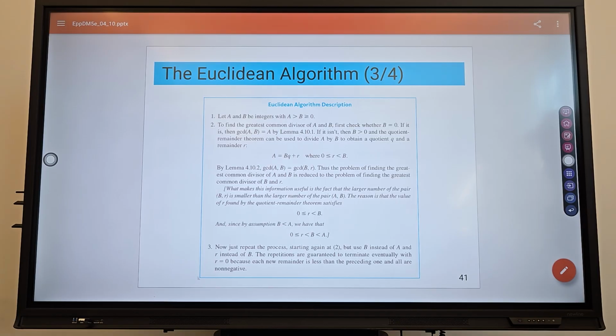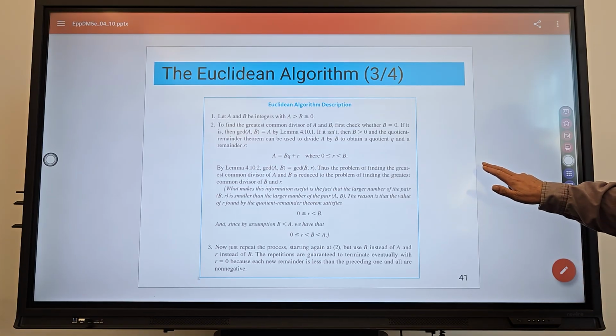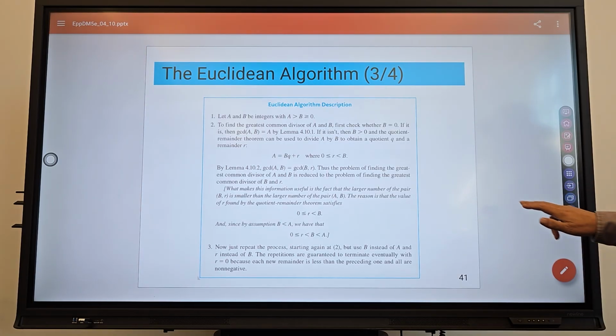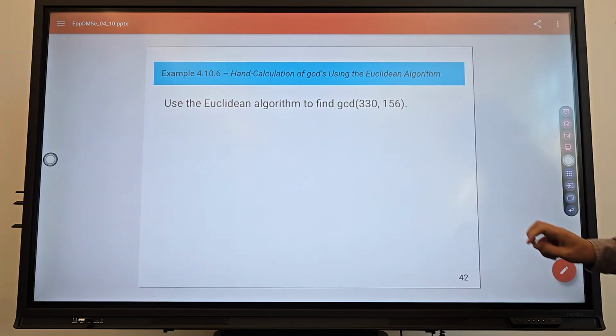Use b instead of a and r instead of b, and the repetitions are guaranteed to terminate eventually with r equal to 0, because each new remainder is less than the previous one, and all are nonnegative. So you can find the greatest common divisor.